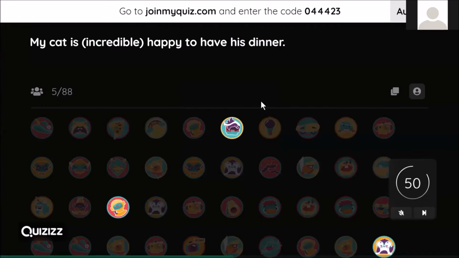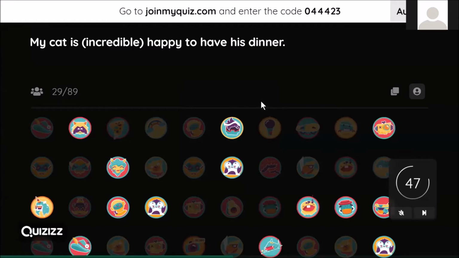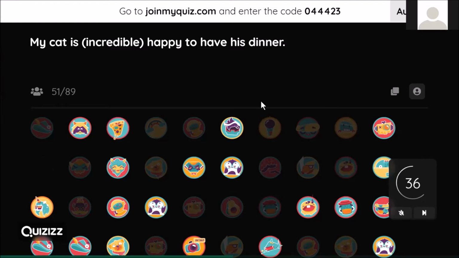My cat is happy to have his dinner. Okay, a good way to know when you need to use an adverb is to see when the sentence is already complete. When the sentence is already grammatically correct, most of the time it is an adjective or an adverb. Okay, here, my cat is happy to have his dinner. Happy is an adjective, so you need to have the adverb of incredible.